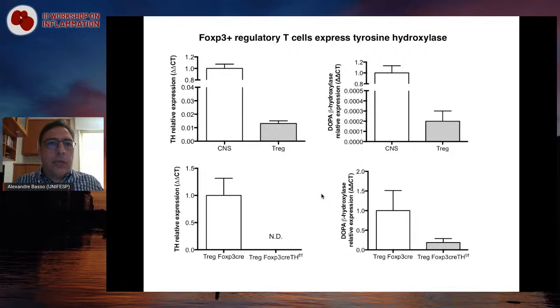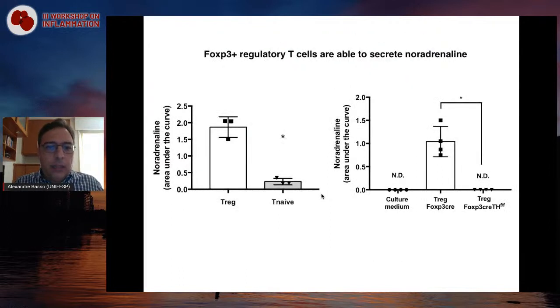But what about the secretion of noradrenaline in those animals? So we used mass spectrometry to analyze noradrenaline secretion by FOXP3 expressing regulatory T cells sorted from the spleen and lymph nodes of the animals.